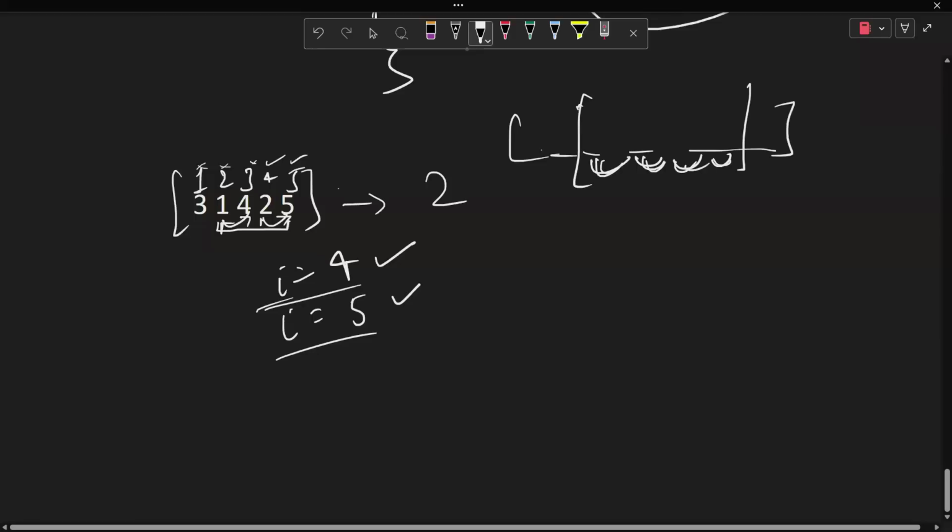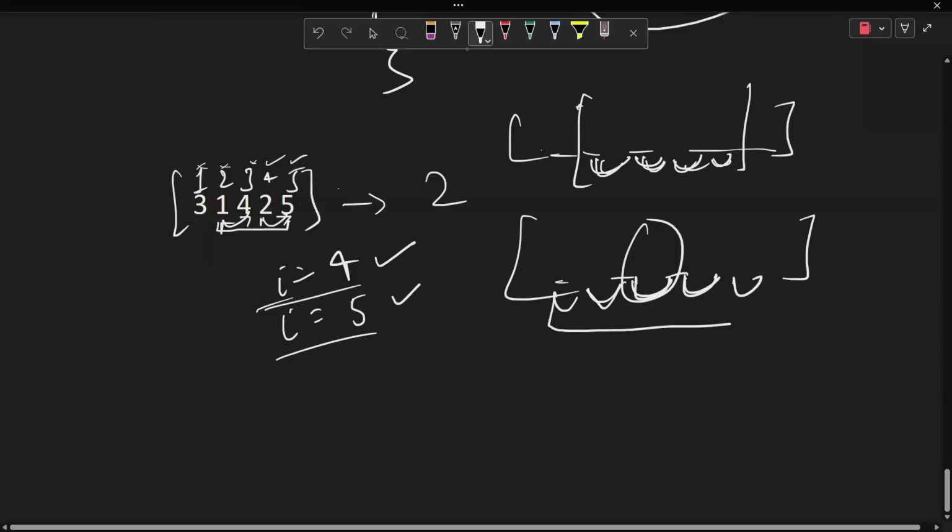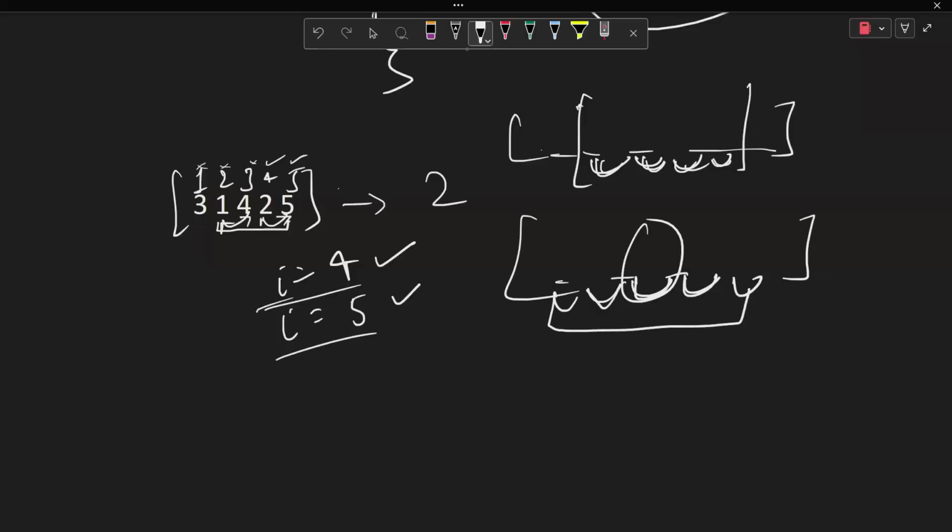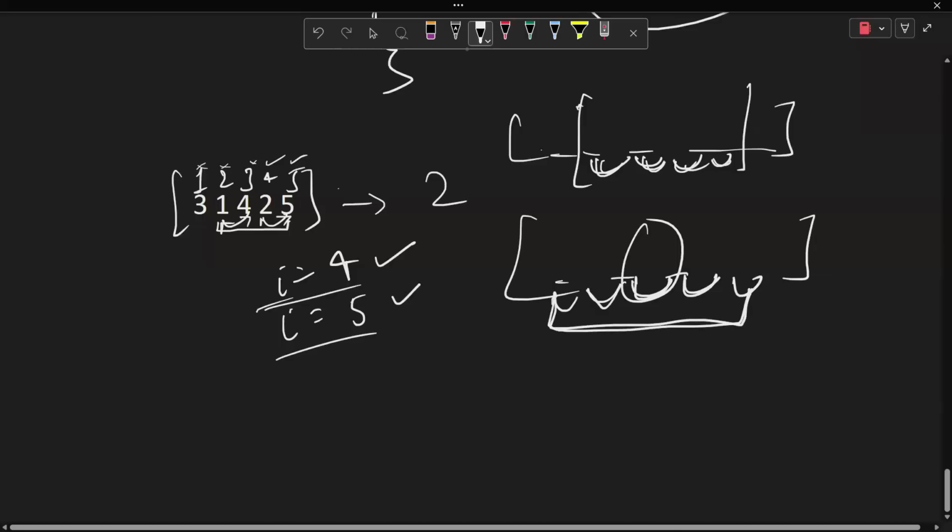So if you take swapping of a pair as an operation, it means you can do this for some consecutive pairs. If you swap these two, you can swap these two, these two, you can swap these two, these two. So the pairs you swap all should be consecutive pairs. Then you can say that you are performing an operation for this range. It means you are swapping all this. So basically the operation is swapping of two indices.